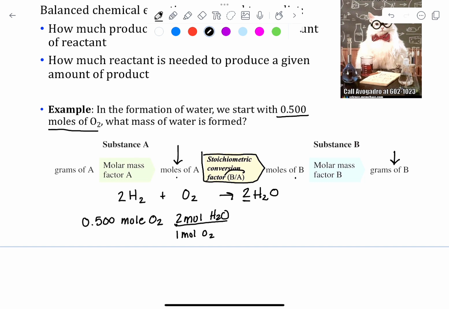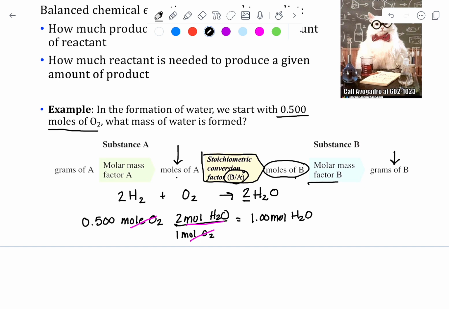Okay, and this shows us here that the coefficient of B should be on top and the coefficient of A should be on the bottom so that they cancel. So we see that moles of O2 cancel, and I'm left with moles of H2O. So I'm now here. So I have moles of water. Let's see, 0.5 times 2, that's 1.00 moles of H2O.